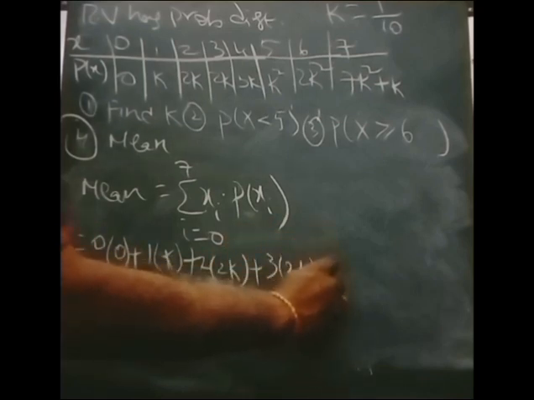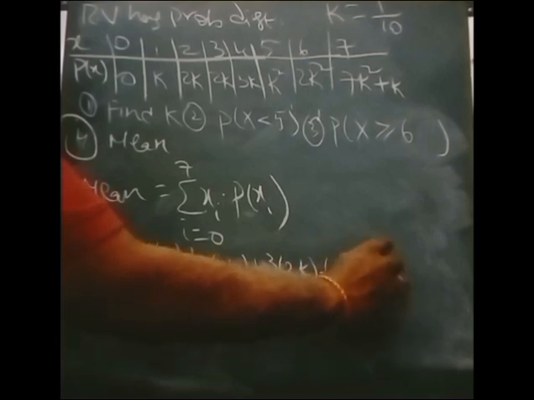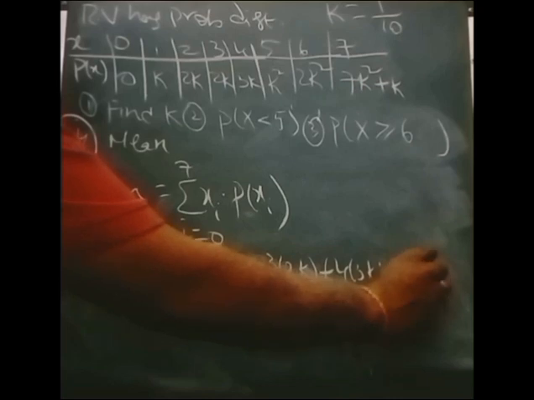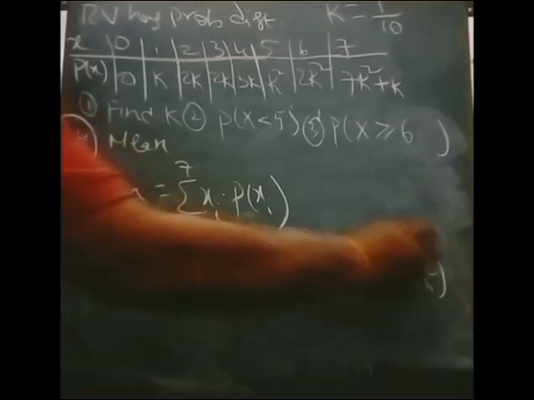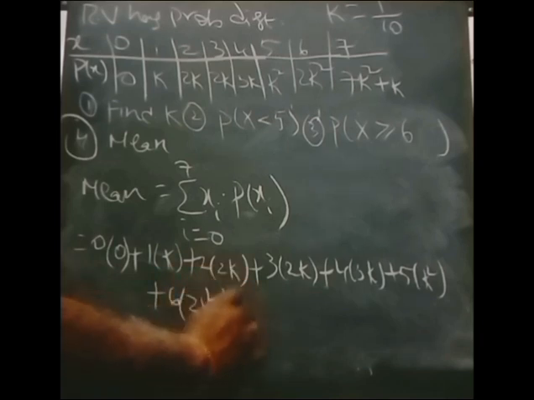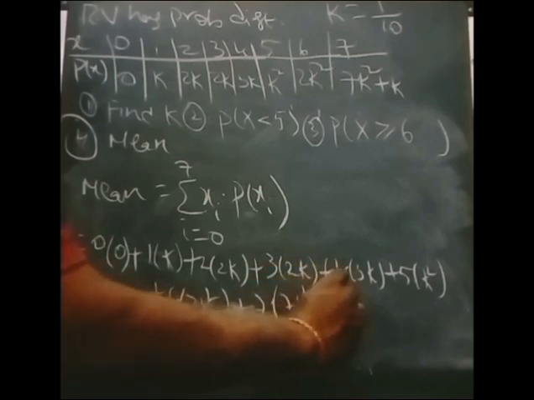2k, 4 into 3k, plus 5 into k square, plus 6 into 2k square, plus 7 into 7k square plus k.